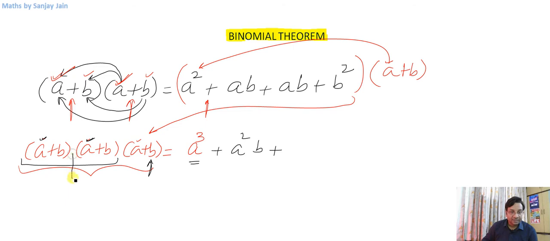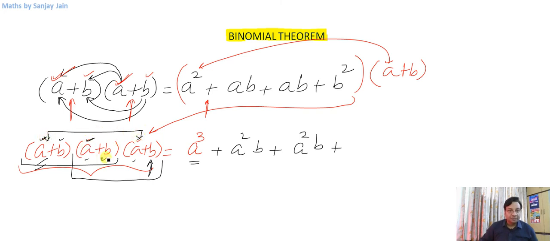Or you can select these two brackets and take a from them, then you will say a squared and then b from this b, because you cannot multiply these two a's and leave it, right? You have to take something from this bracket also. This is how multiplication works. If you do not believe me, you can multiply it yourself and see that you cannot leave that, right? And then the third way will be that I take a from this, a from this and b from this bracket, so it will give me another a squared b.